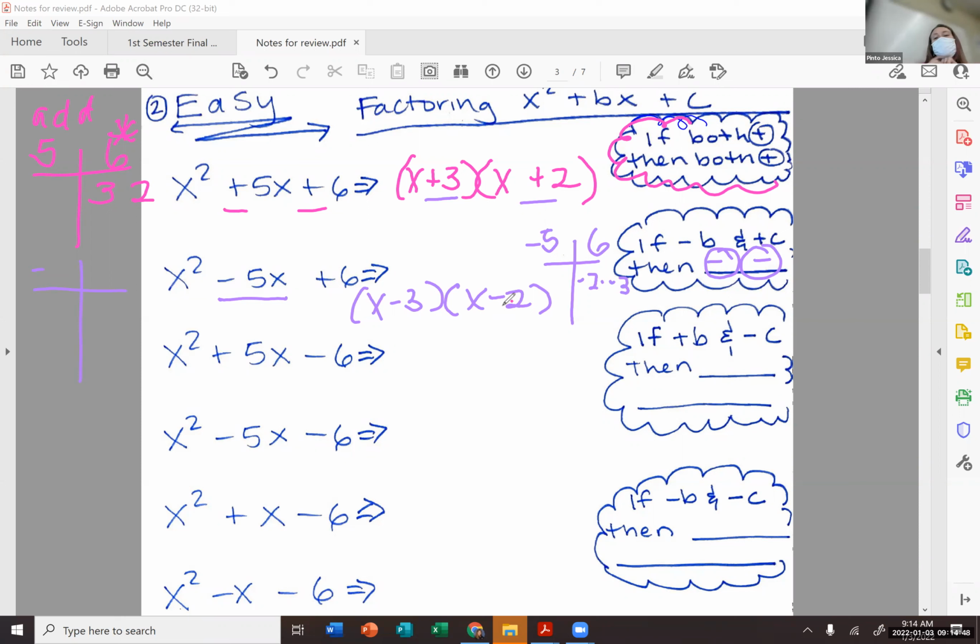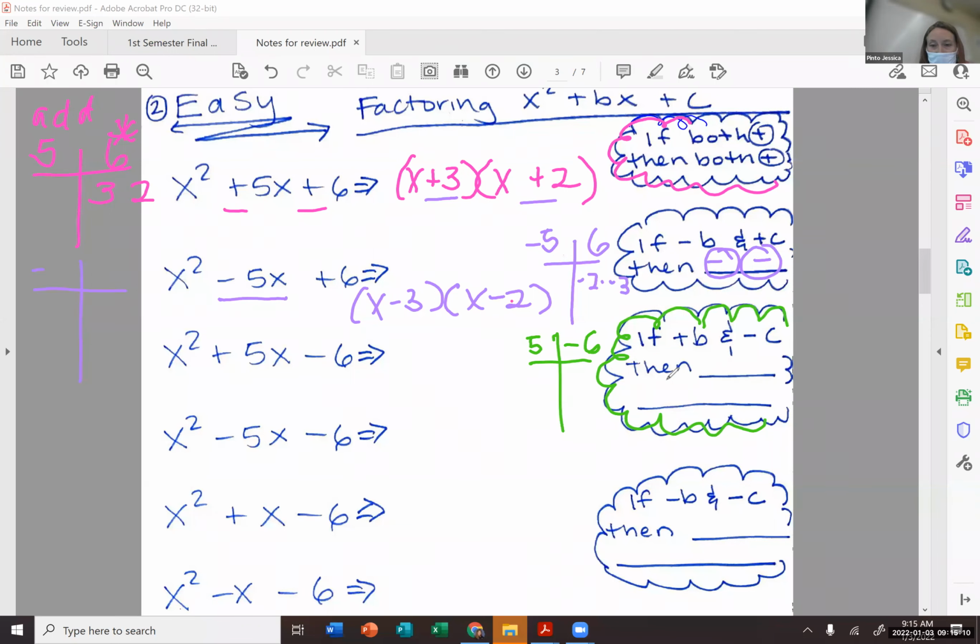Okay, now we have the exact opposite of that, which is where in this case, the b is positive, but the c is negative, which means that they multiplied to a negative. So I have to have 1 positive and 1 negative.